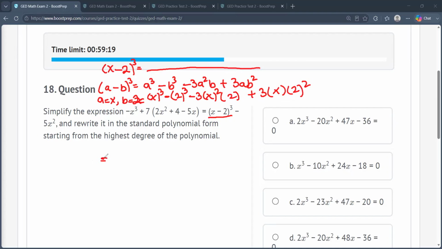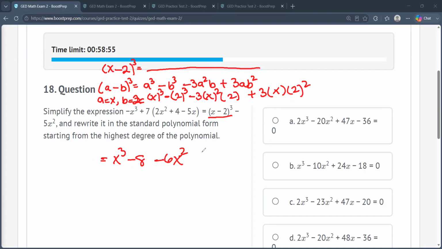So let me clean that up. x cubed is x cubed. 2 cubed is 2, 4, 8, so that's minus 8, right? You have x squared and then negative 3, so you have a negative 3x squared times 2. That's going to be negative 6x squared.